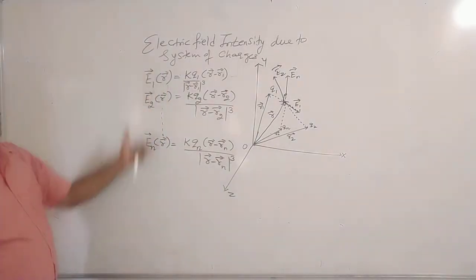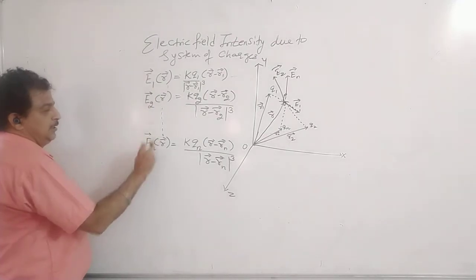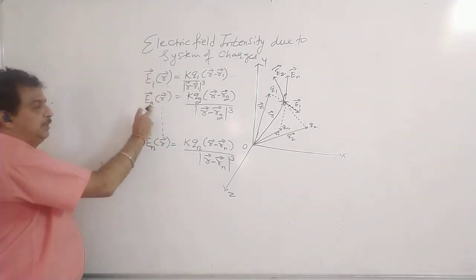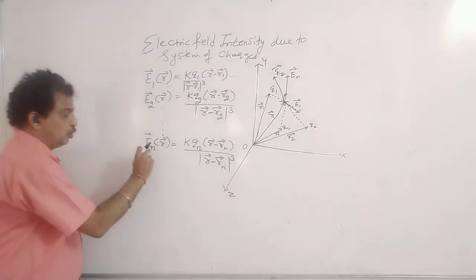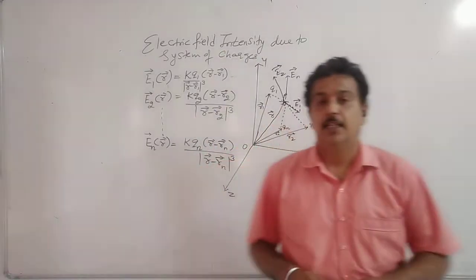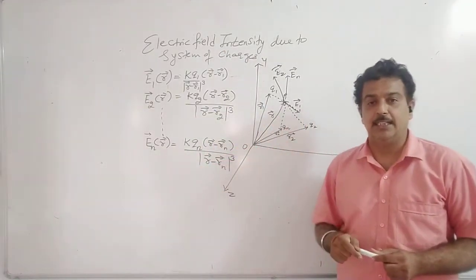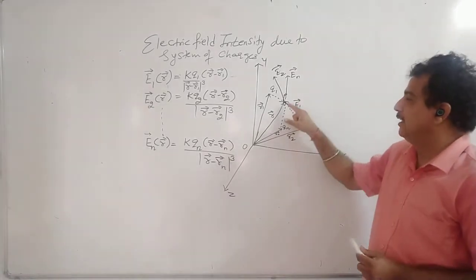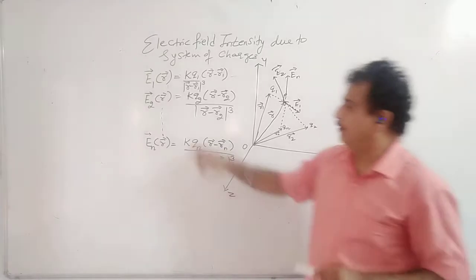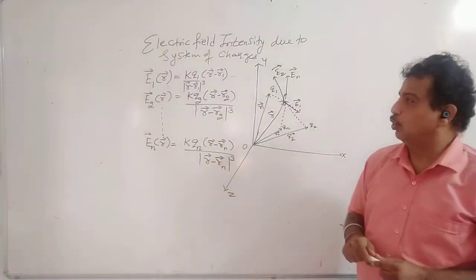Remember, in electric field intensity, the subscript indicates the source charge. So if I say E1, the source is Q1; source is Q2, source is Qn, because we know the intensity is of the source charge, and to test the intensity we place a test charge there. Intensity is of whom? Of the source charge. So 1, 2, 3, up to n give you the source charges.